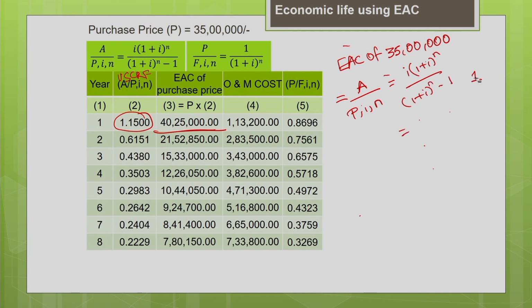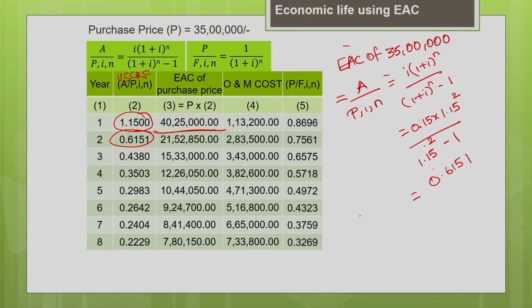It is nothing but 0.15 into 1.15, here n is 2, so you have to remember n is 2, divided by 1.15 power 2 minus 1. So, this gives me the capital recovery factor as 0.6151. You can also make use of the standard tables which are available, or you can calculate it.